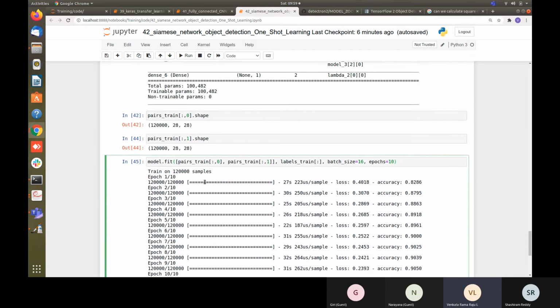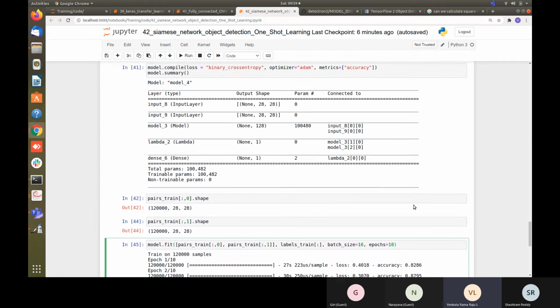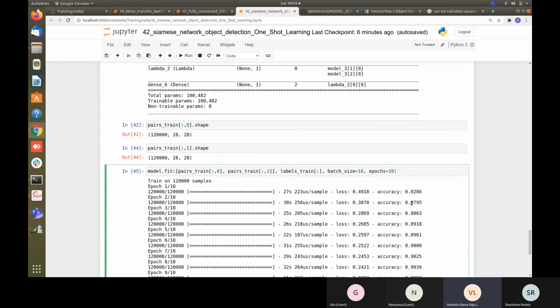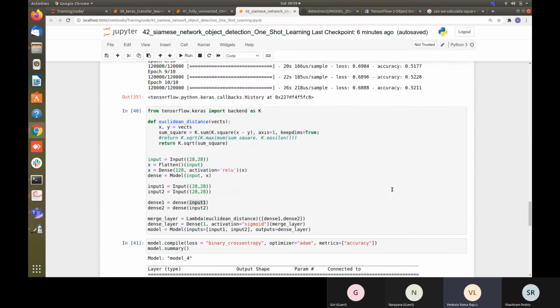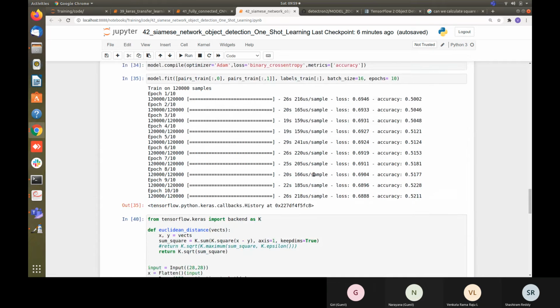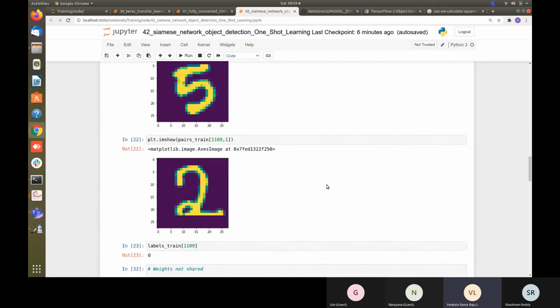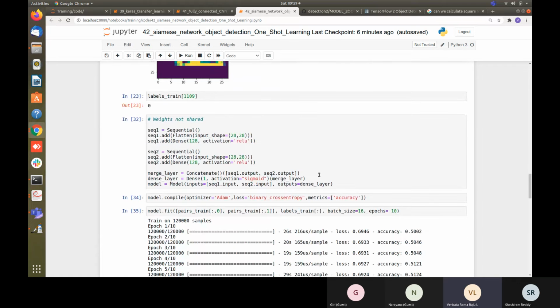I trained this, and we can take the last layer's outcome. I don't know why I did not take it. Let me do that. Where am I? What did I execute previously?